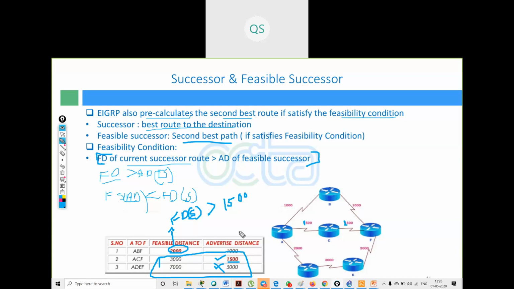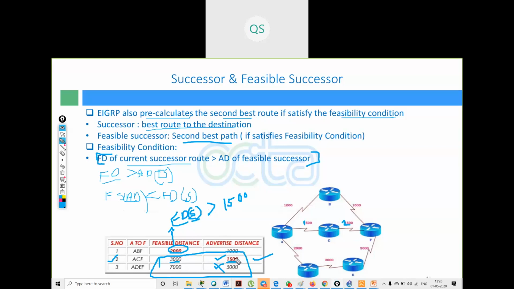If the advertised distance of the second best route is less than the feasible distance of the successor, the best route, then this route can be the feasible successor. In your scenario, if this is 2500, then my cost will be 3000 only.